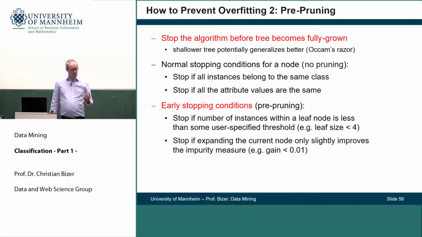Or also we could stop early if splitting would only improve our impurity measure slightly. So in the examples, our purity gain was usually 0.2 or 0.15. We could, for instance, say that if we would split and the purity gain would be below 0.01, then we don't split. So also an early stopping criterion. That's pre-pruning, a heuristic based on Occam's razor.